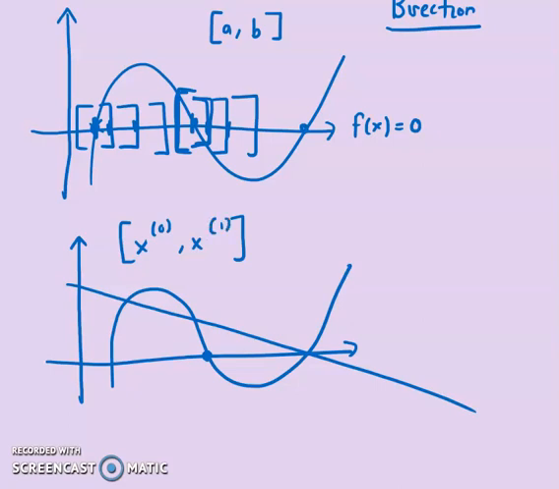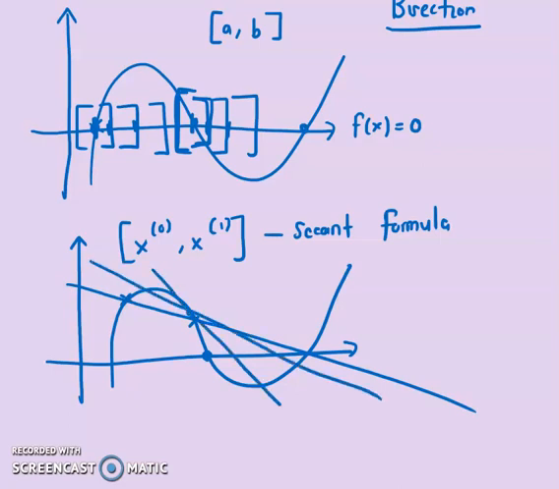Now with these two values, it will use the secant formula to alternately find the root. You start with here, and then it will cut through again, start from here, cut through again, until the line touches the root at f(x) equals 0.